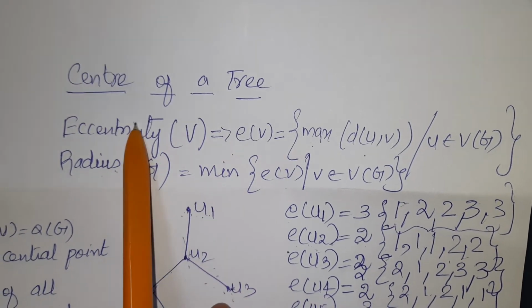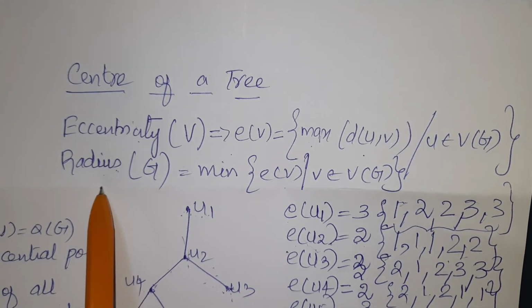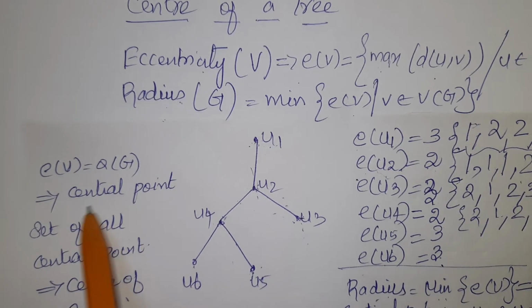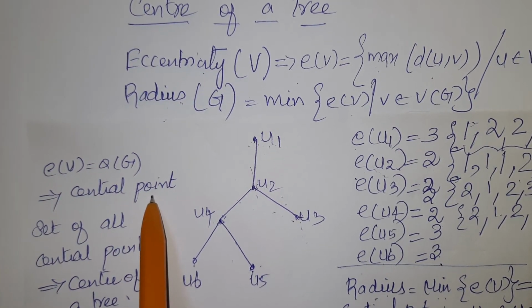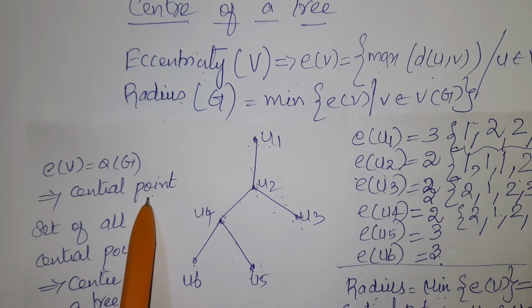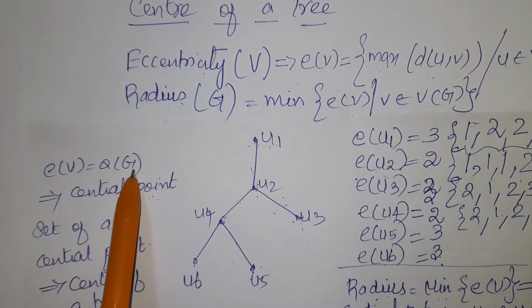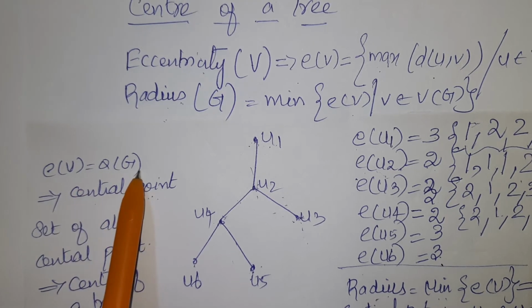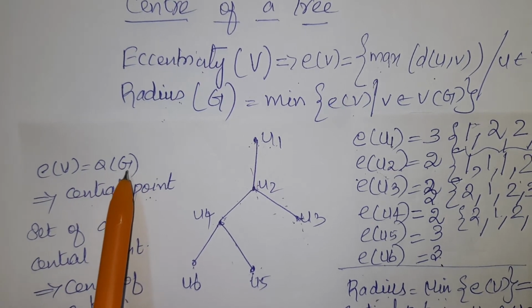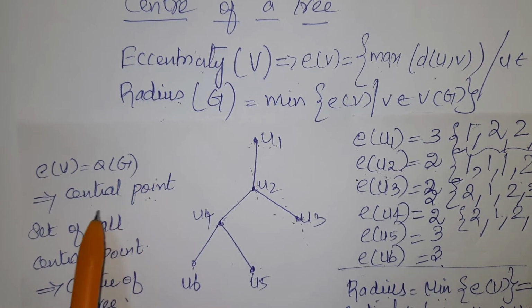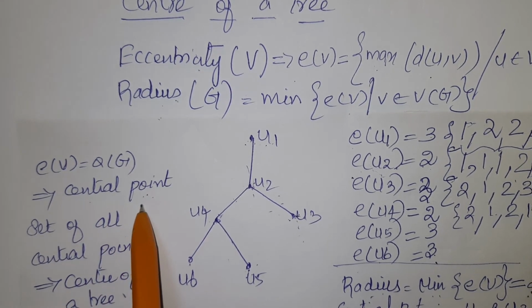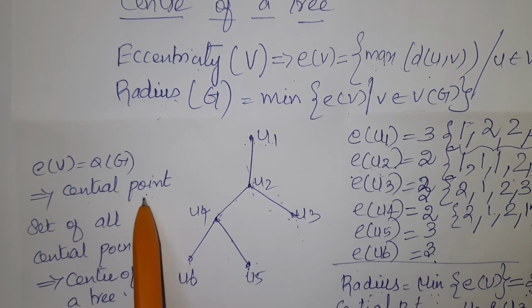Now once eccentricity and radius are known, we are going to find something called the central point, or central vertex. Which are the vertices where our eccentricity value and radius are the same? Those vertices are called central vertices.